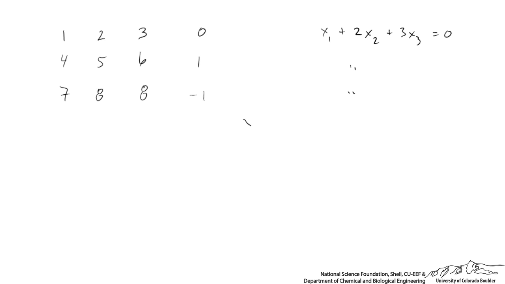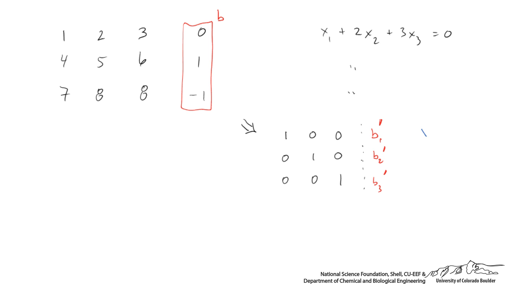Ultimately, what we're trying to do is transform this original array into the form 1, 0, 0, 0, 1, 0, 0, 0, 1, and the augmented array, we're going to carry along with that a transformed b. If this is our original b vector, we're going to have some sort of augmented b, and I'll write that as b prime.